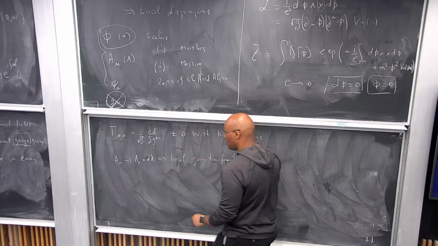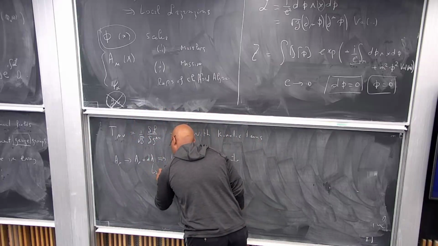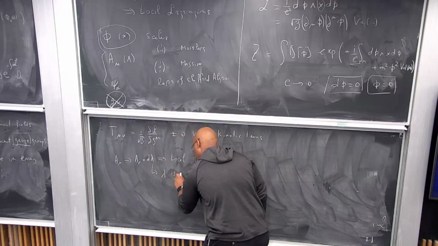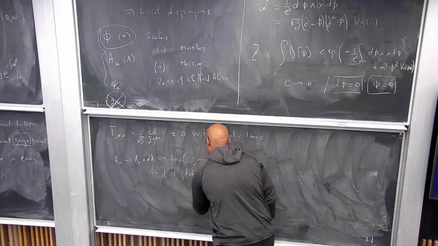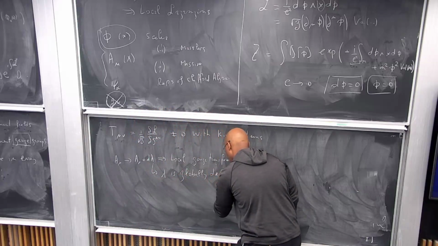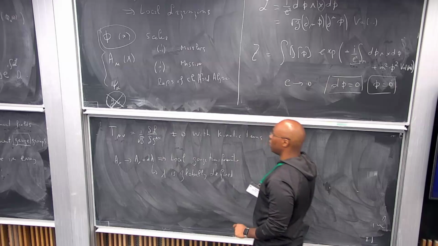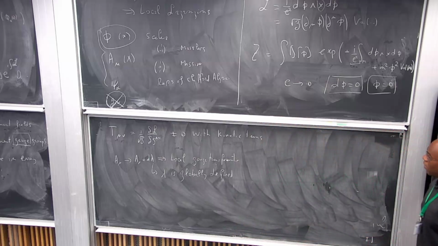What that means is that this function lambda is globally defined in my space. We'll talk about later the case when lambda is not globally defined.